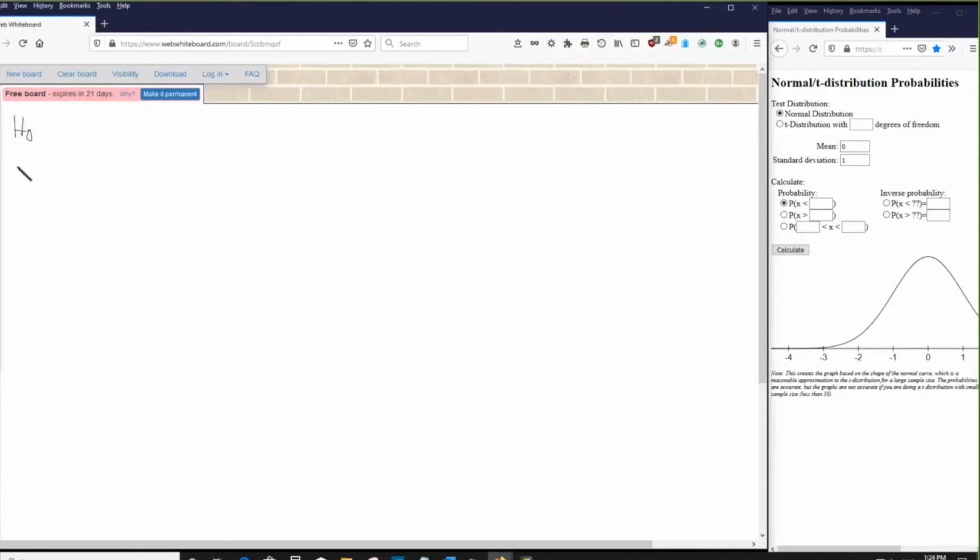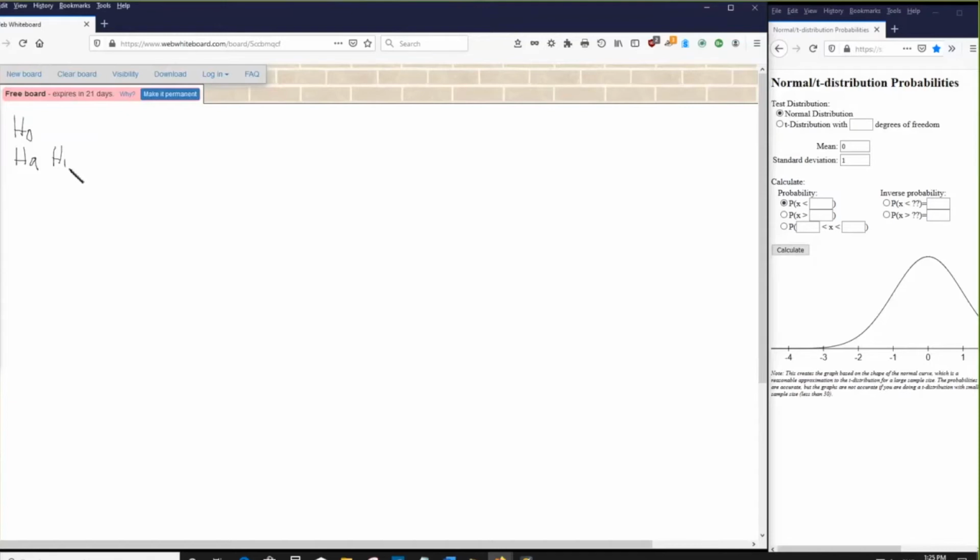And then we're also going to set up an alternative hypothesis, which is going to be the opposite, and that can be written as HA or as H1. It's called the alternative hypothesis, and it's the opposite of the null hypothesis, or what would be concluded if the null hypothesis is rejected.